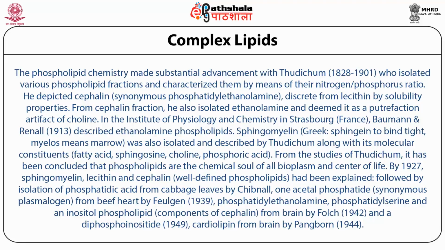From the cephalin fraction, he also isolated ethanolamine and deemed it a putrefaction artifact of choline. Similarly, at the Institute of Physiology and Chemistry in Strasbourg, France, Baumann and Renault in 1913 described ethanolamine phospholipids. Sphingomyelin, which in Greek means tight binding with the marrow, was also isolated and described by Thudichum along with its molecular constituents.